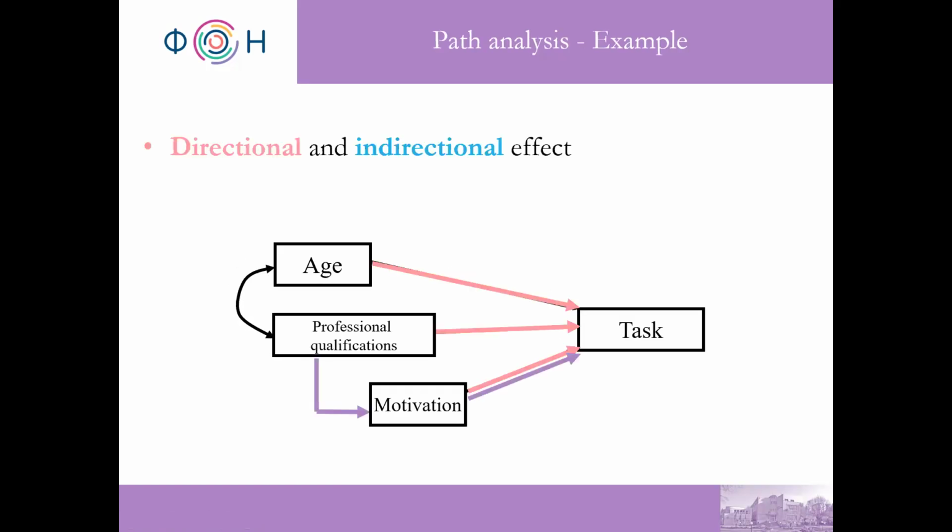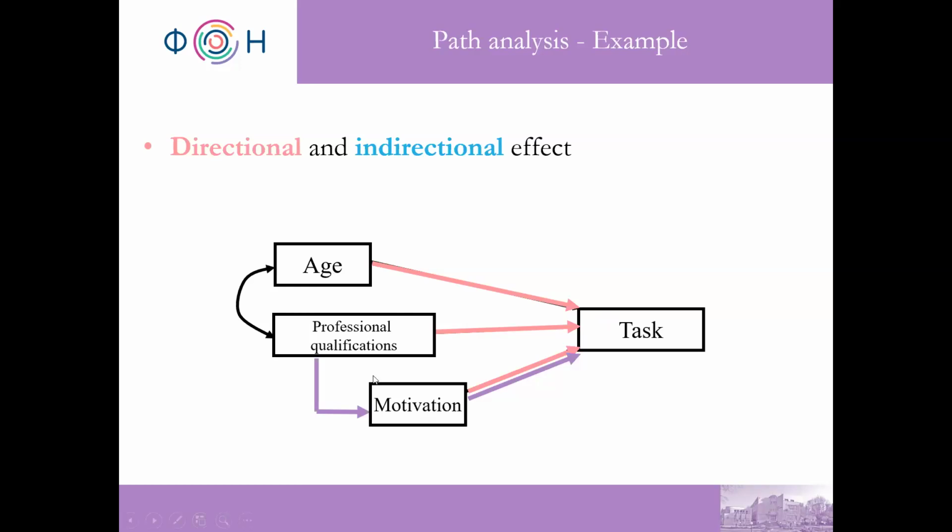What makes path analysis and SEM analysis stand out from other analyses is that it allows us to explore both the directional and the indirectional effect between our variables. So definitely there is a directional effect between age, professional qualifications, and motivation on our task. That is something visible.